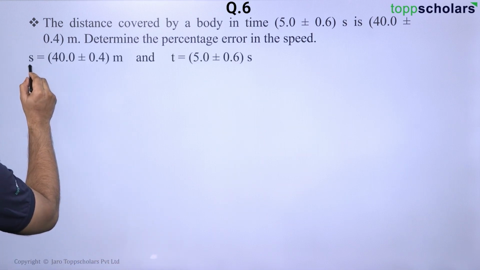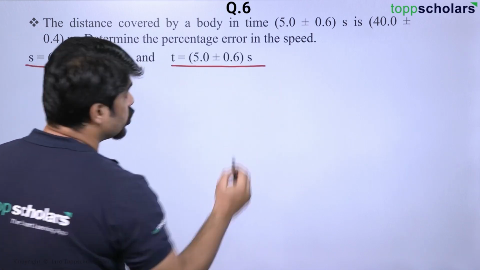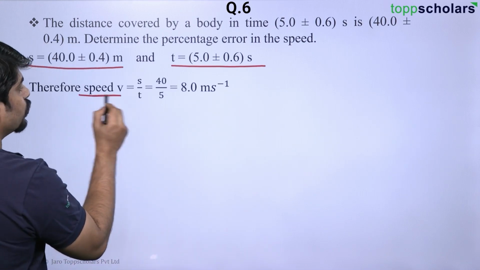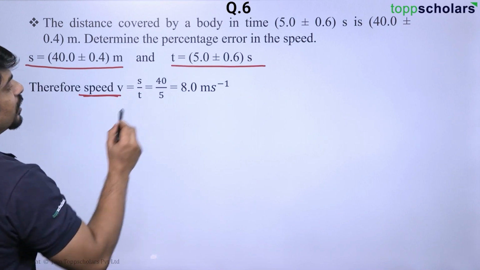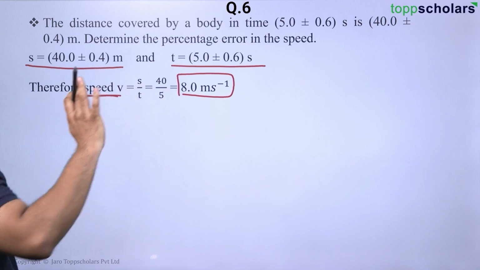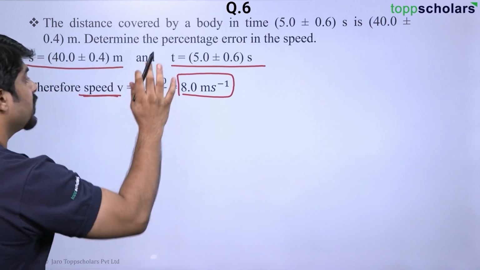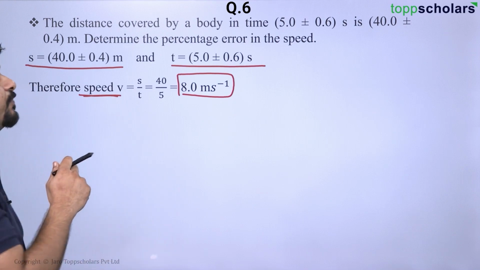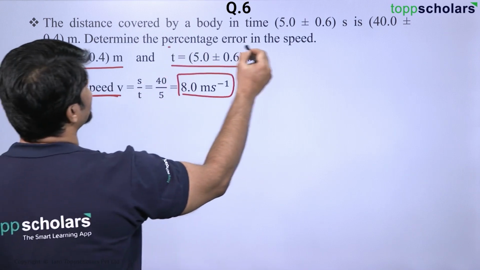First, S is given and this T is also given to us. Now, velocity or the speed, we know V is equal to S upon T. 40 upon 5 will be 8 meters per second. So, this is fine, but we also have to find out the uncertainty in the answer, because we want percentage error.